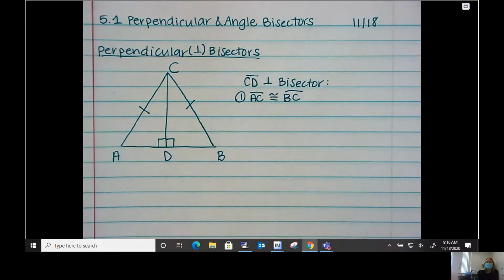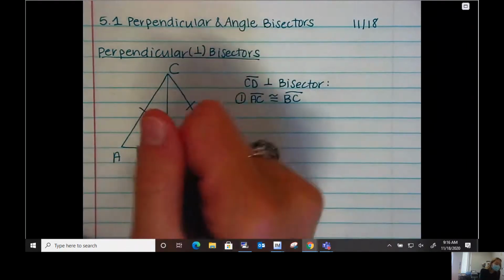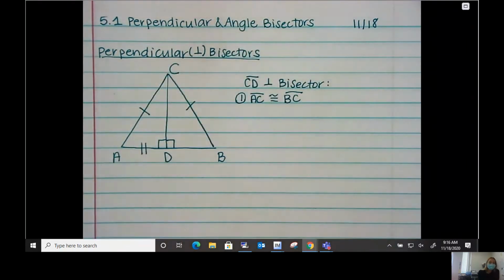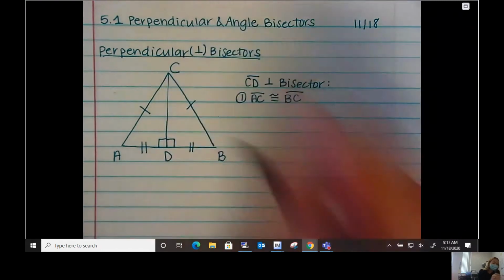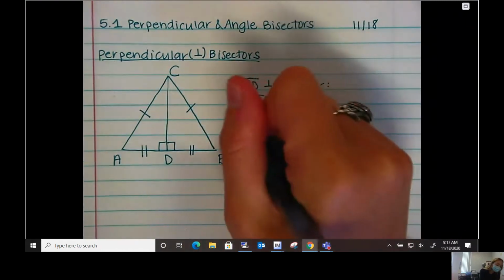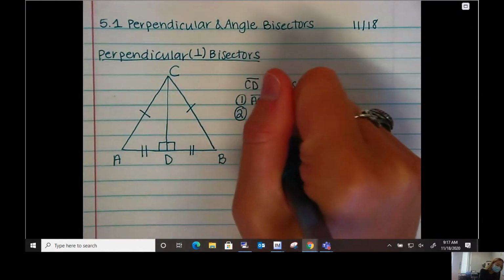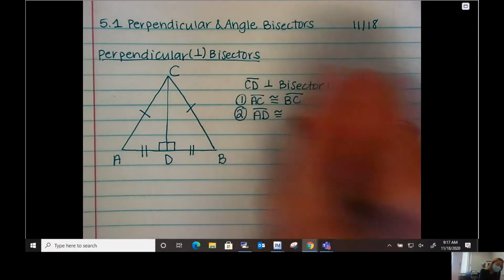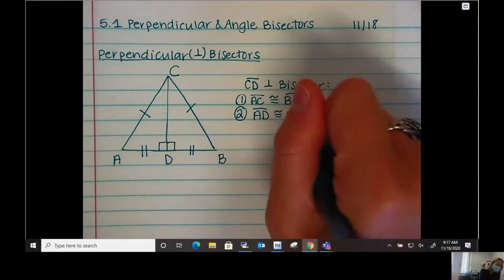Okay, another pair of sides that match up. Which side would match up with side AD? Flip it to the other side. DB, good. On the other side. Very nice. So AD is congruent to BD.